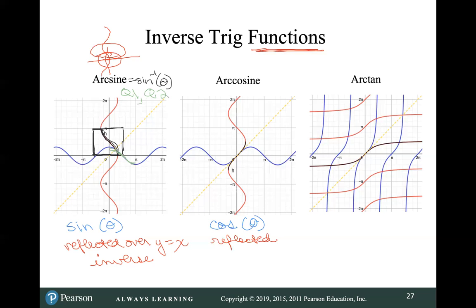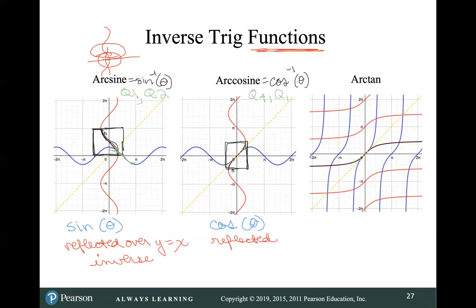We want it to be a function. So what we do is we choose, say, the largest part that is a function. And so that happens to be this part right here, right around the origin, which is ideal. And that is quadrants 1 and 4. Quadrant 4 and quadrant 1.